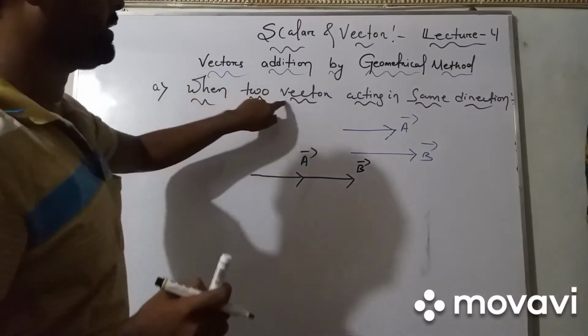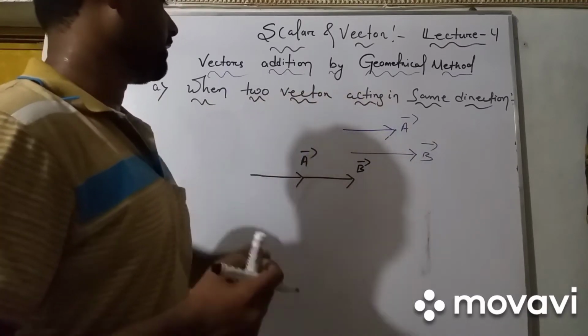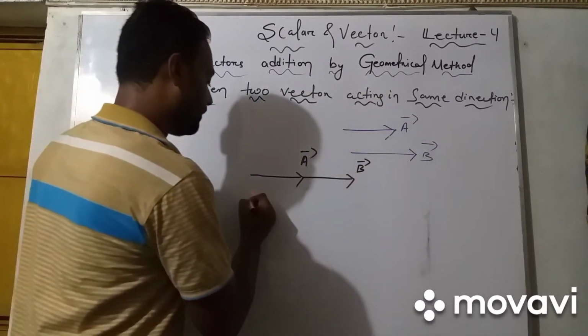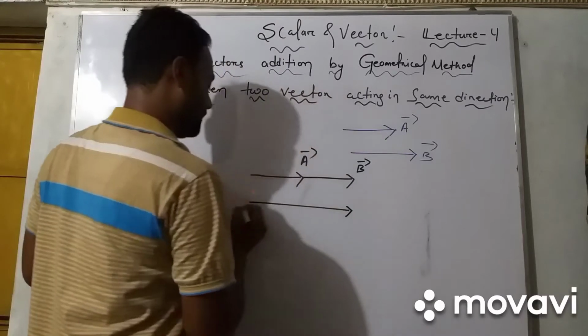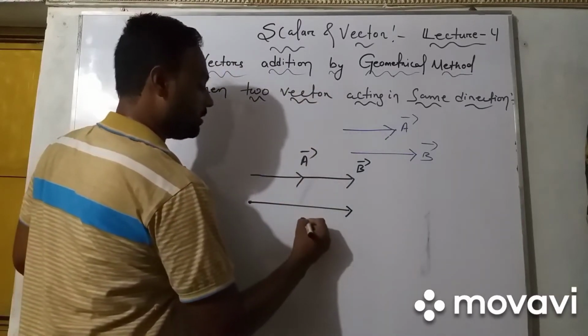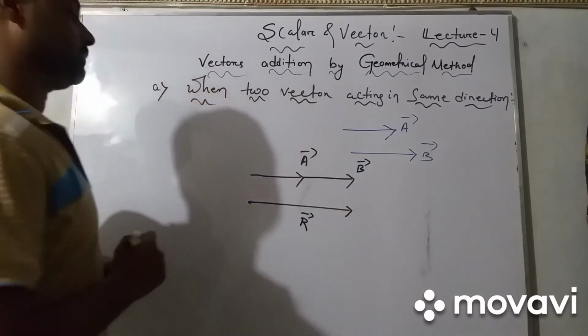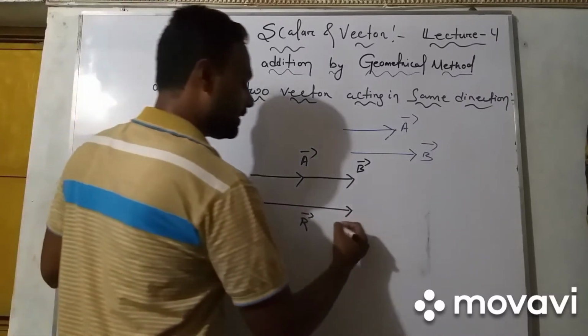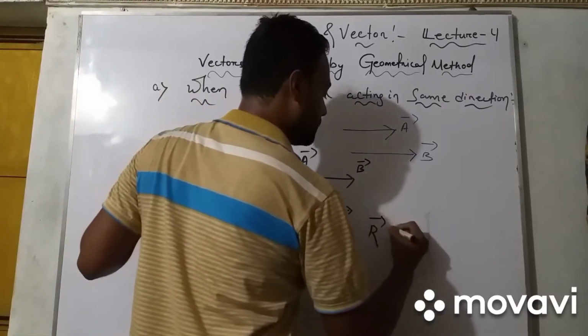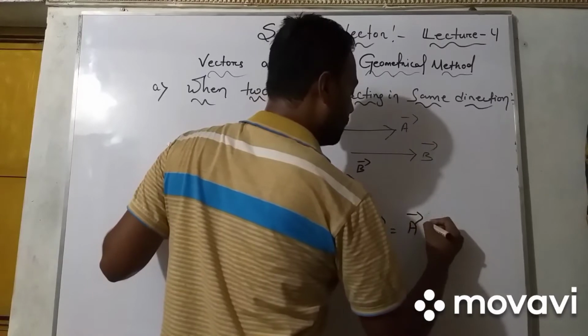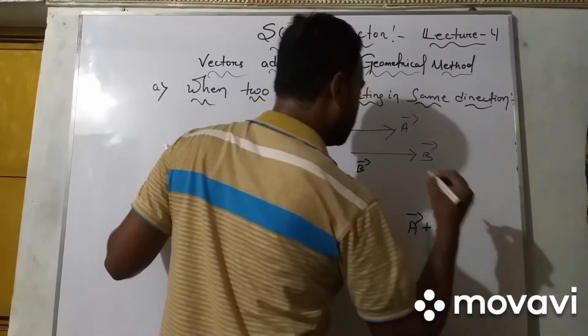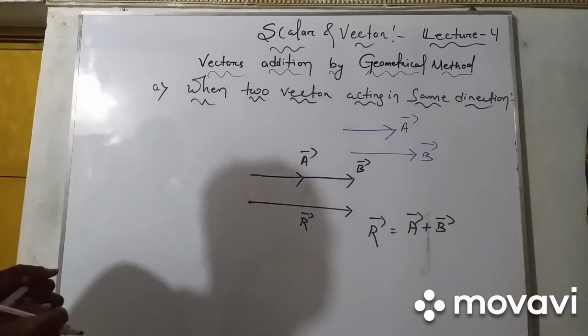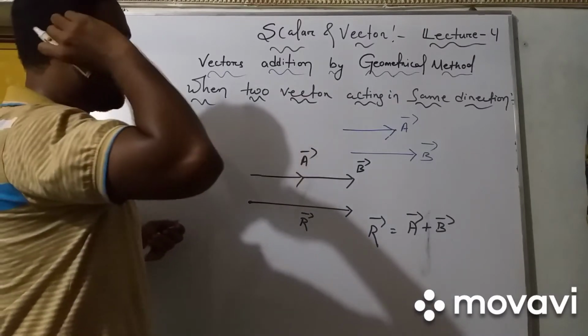Therefore the resultant vector is given by that, which is called the resultant vector. It is also represented as r vector, which is equal to a vector plus b vector.